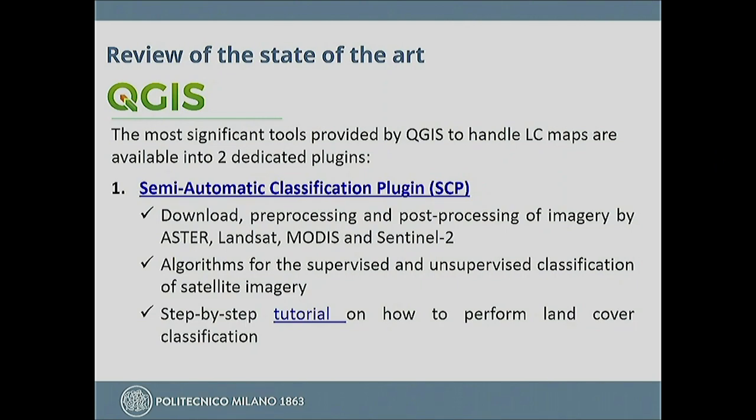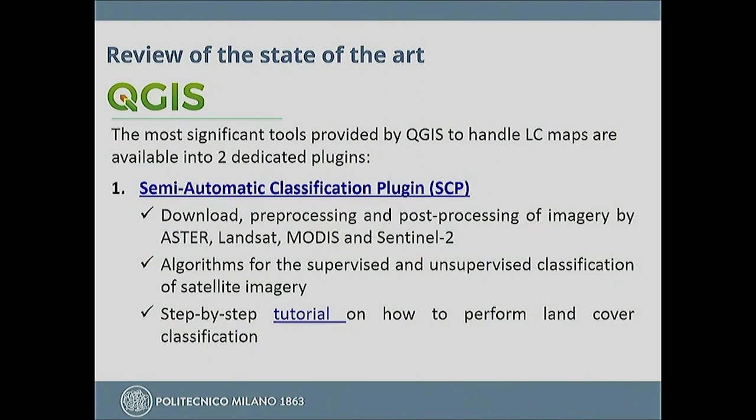So you can derive your land cover map starting from satellite imagery. Much better if you do that after having attended the course of Earth observation in such a way that you know also from the theoretical point of view what you are doing. But next year you have also the course of Earth observation, so don't worry about that.